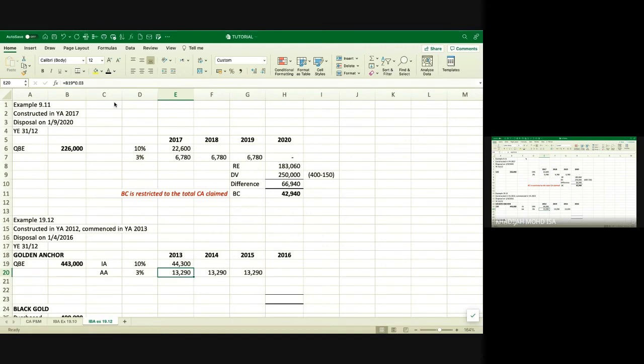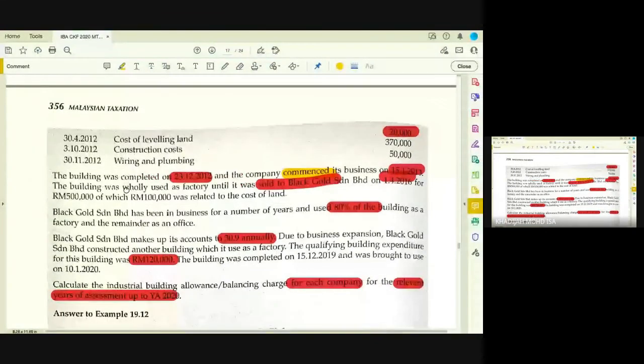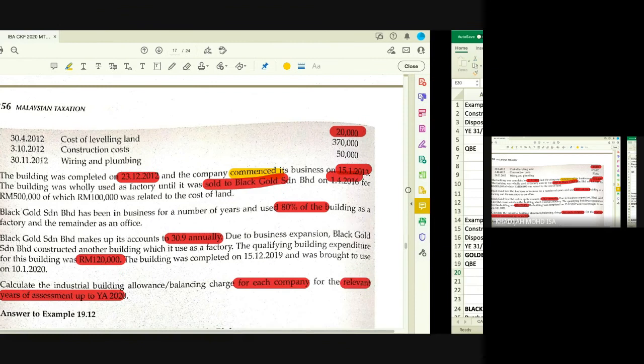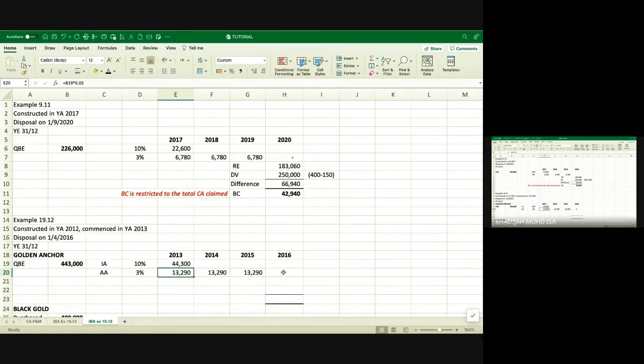And then, when you dispose of Black Gold on 1st April 2016, again, year end is 31st December. So 1st April 2016 is YA 2016. So when it comes to 2016, you are no longer claiming any allowances. So you compute what is your RE.